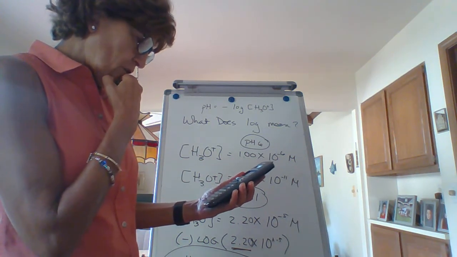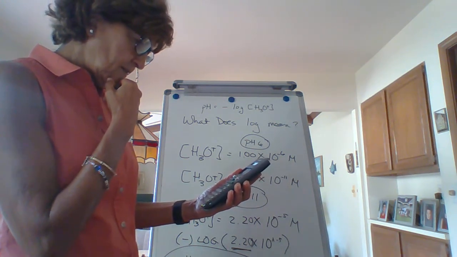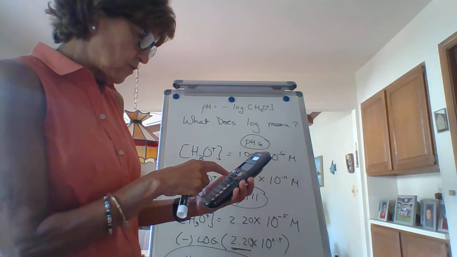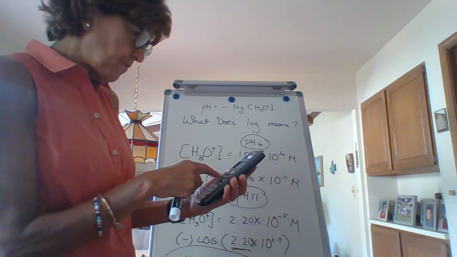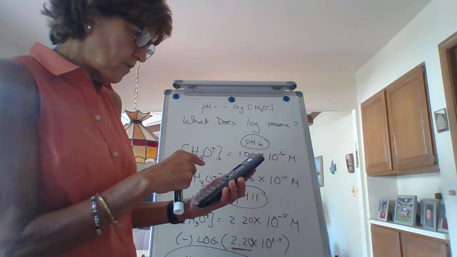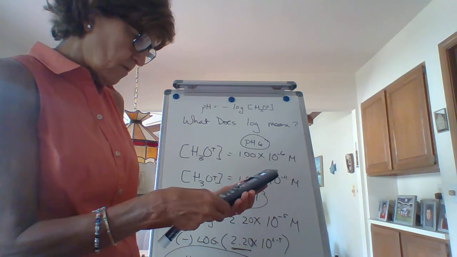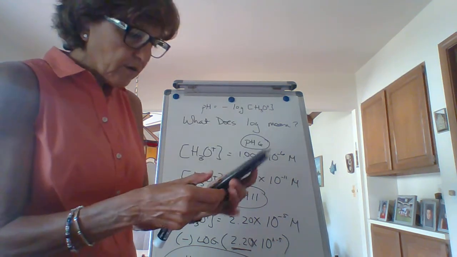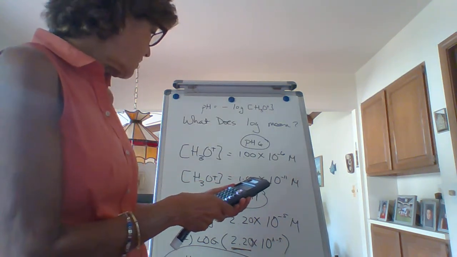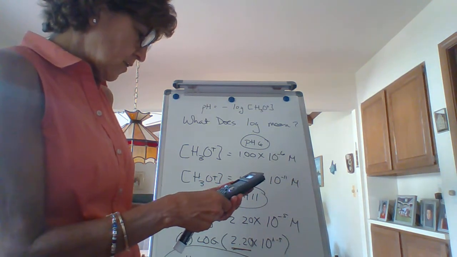If I can find the log button on this calculator, that would be great. Ah, here it is, this one. I should have practiced this before, guys. Nope, that's not it. Well, you guys are smarter than me with calculators, I suppose. So, let me try it again.